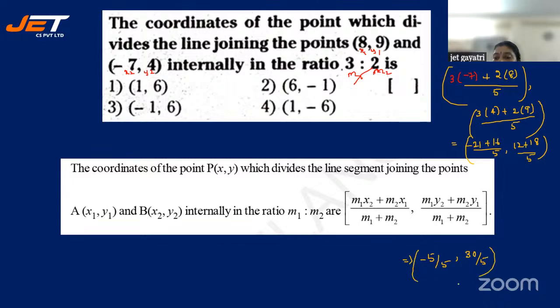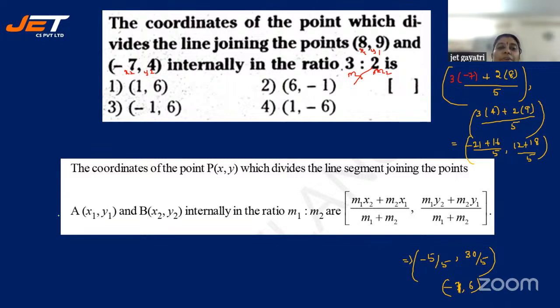Okay, so it becomes minus 3, 6. Okay, so the option is not here. It is, sorry, minus 5 by 5 is minus 1, 6.